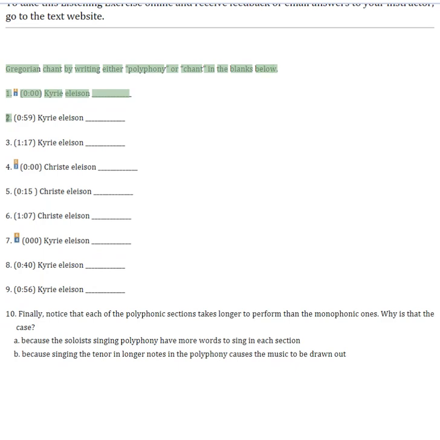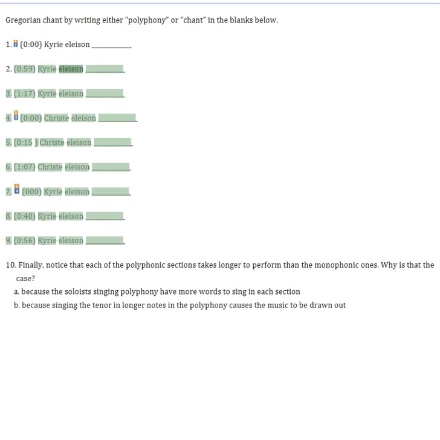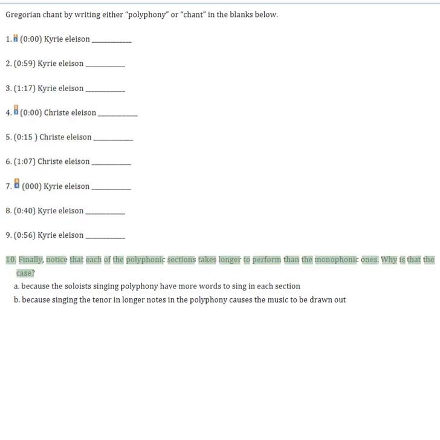Kyrie eleison. 2. Kyrie eleison. 3. Kyrie eleison. 4. Christe eleison. 5. Christe eleison. 6. Christe eleison. 7. Kyrie eleison. 8. Kyrie eleison. 9. Kyrie eleison.